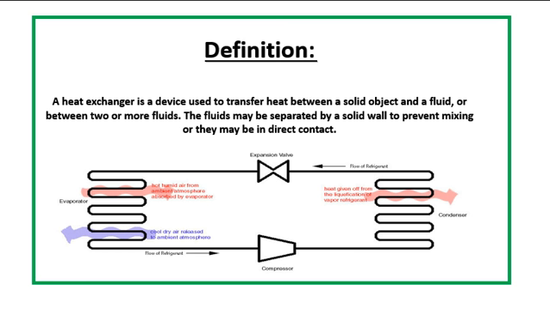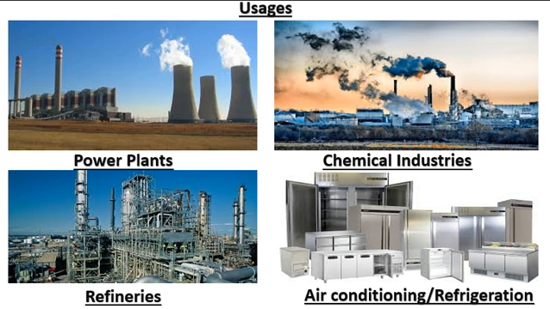As you can see in these pictures: power plants, chemical industries, petroleum refineries, refrigeration and air conditioning. Heat exchangers are used widely. There are many other industries like petrochemical plants, space heating, natural gas processing, and sewage treatment, which utilize heat exchangers.